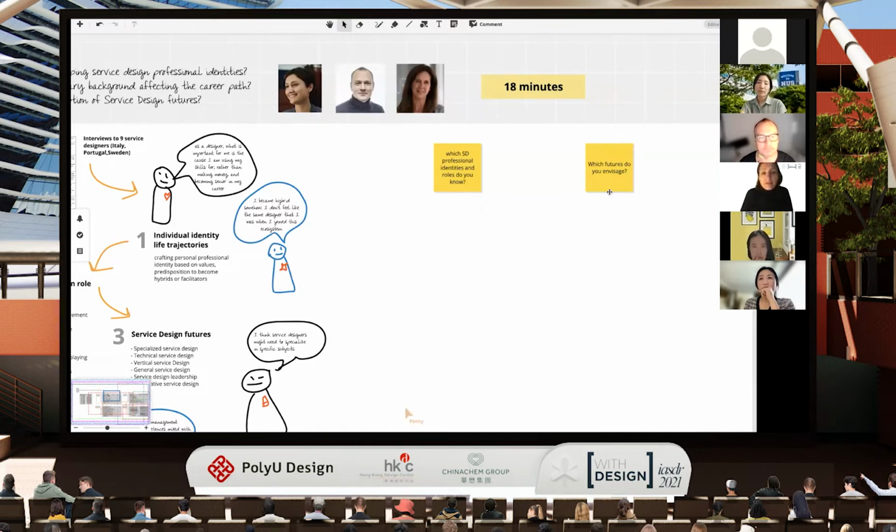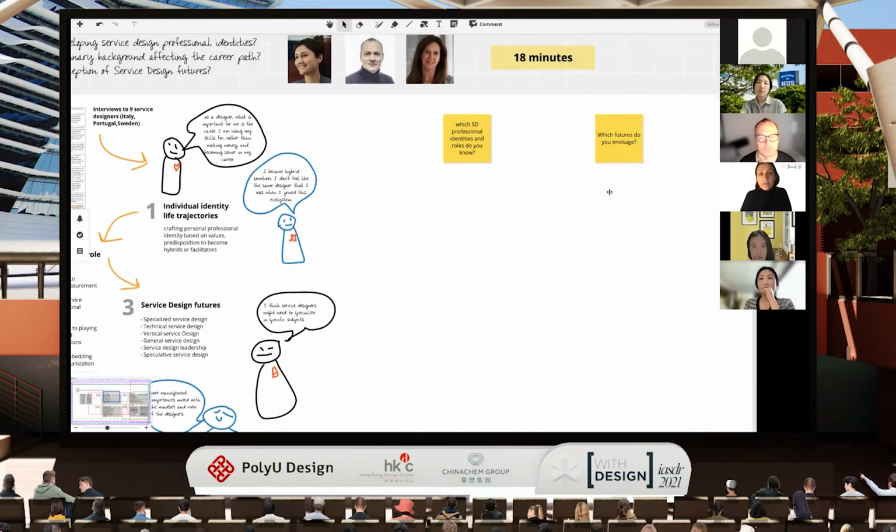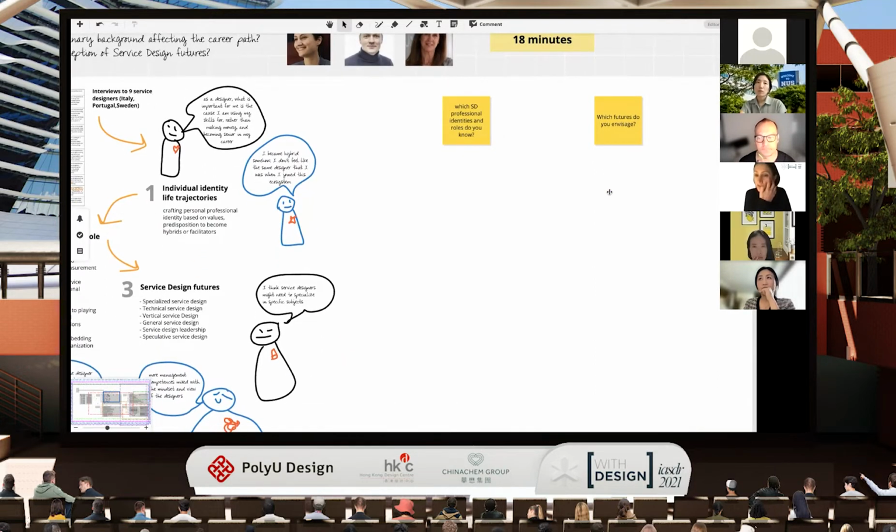Yes, so now I would like to open up 10 minutes to see if there are any comments on your side in terms of which kind of service design professional identity and role did you experience, did you study, or have you documented, or which kind of future do you see in the roles that service design can play in different kinds of organizations?